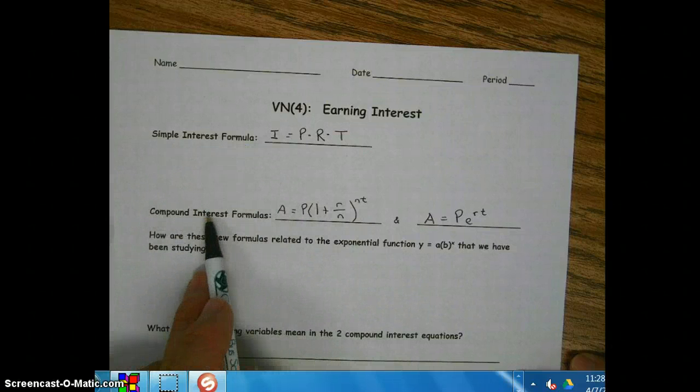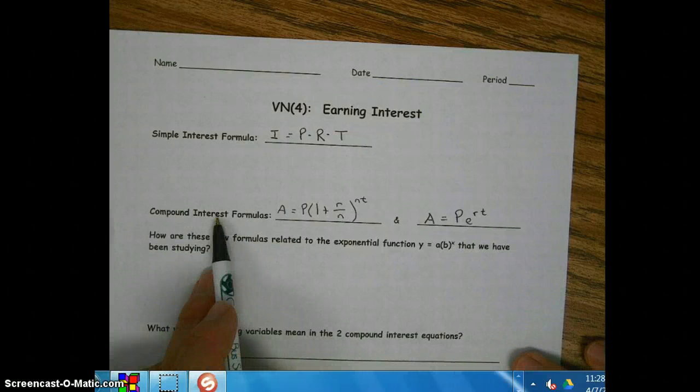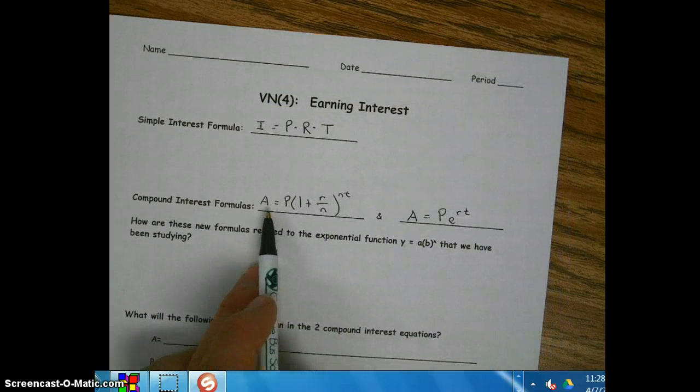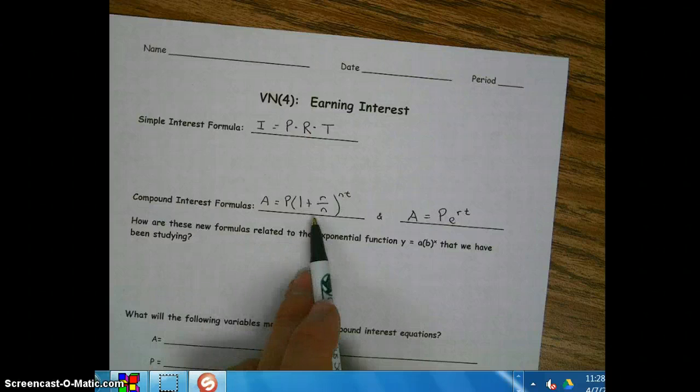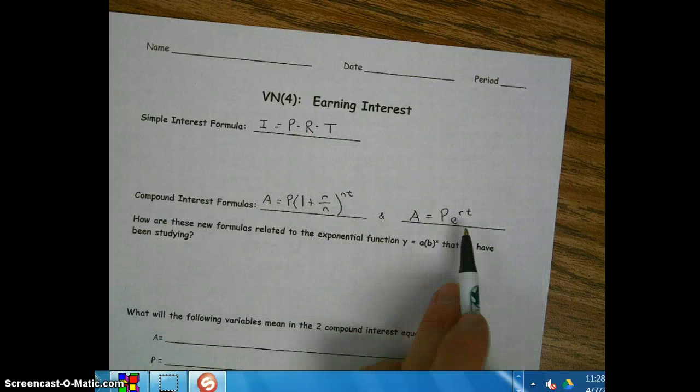Now, compound interest. So, for example, let's say that interest is accumulating each month or each week or even continuously. We would want to use one of these two formulas. Here's one. Okay, and then here's another one.